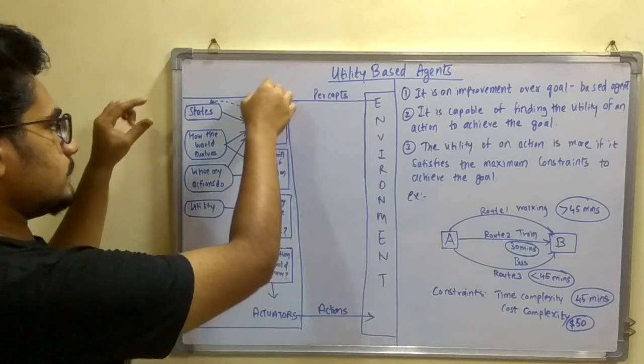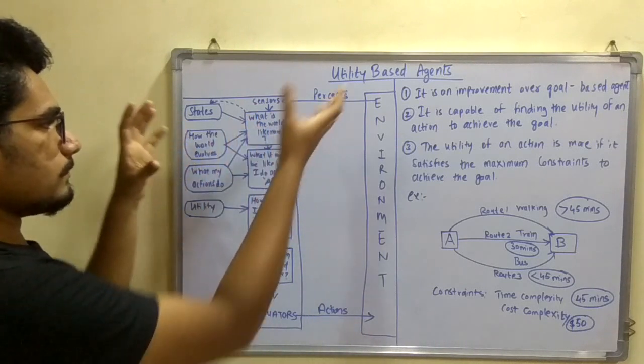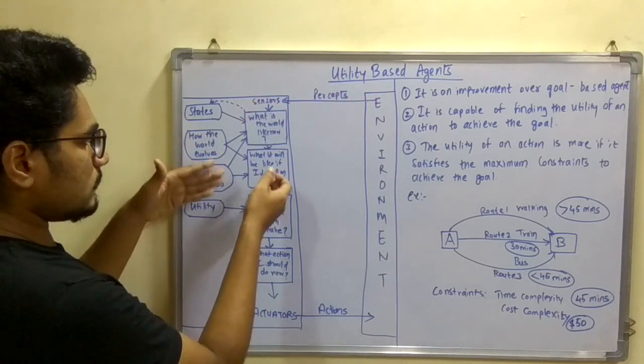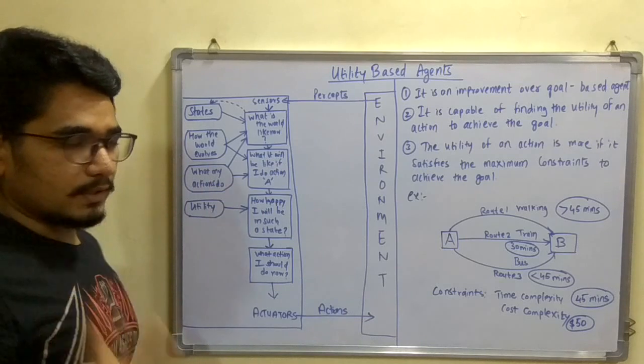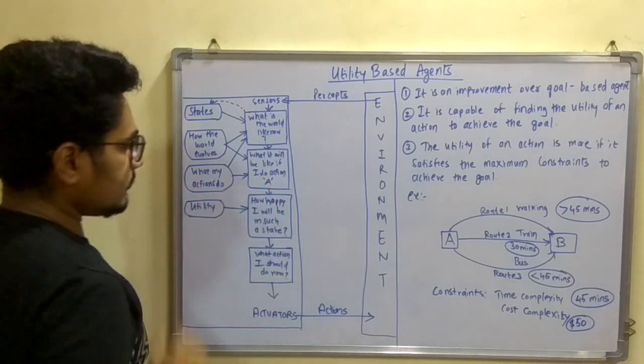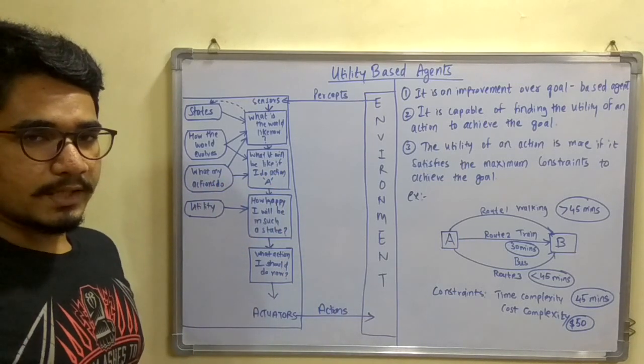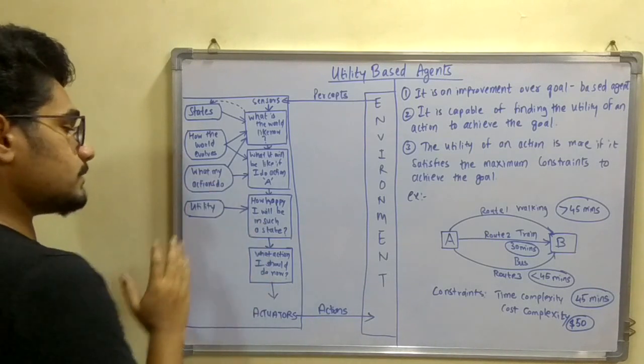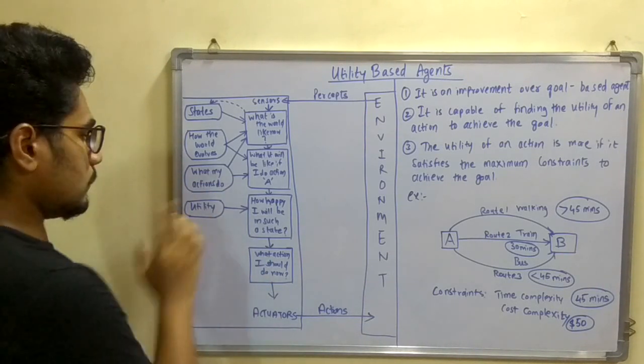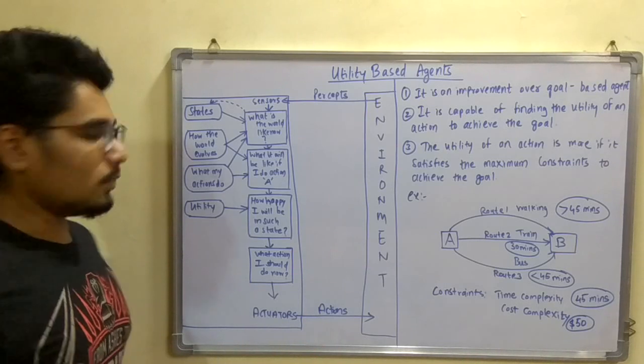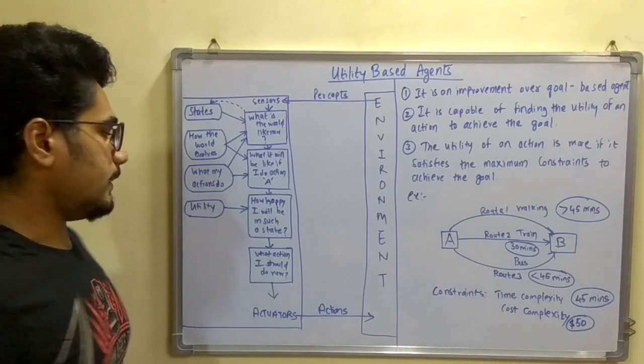Since the agent receives this sense from the environment, it processes till this state. Now after this state there is one condition action. Condition action is replaced by utility, where in goal-based agents it was goal. Now in utility-based agents it is utility.